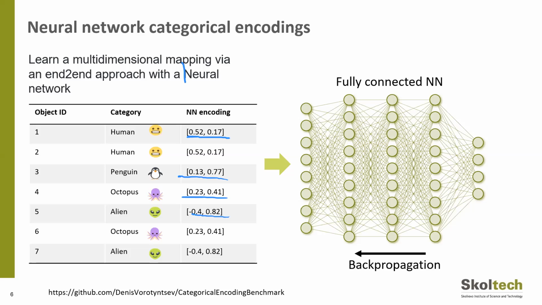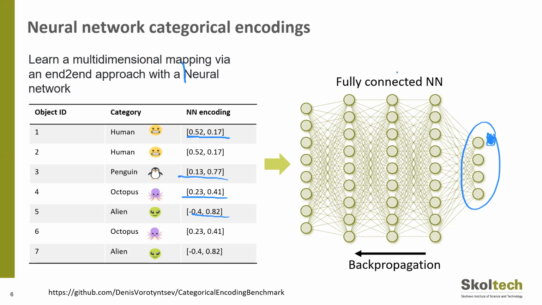If we concatenate this encoding of categorical features with usual features like age or gender or education, and put all of them as input to our fully connected neural network, then we can use backpropagation to calculate the derivatives of the loss function in the end, where you compare the output of the neural network to the true value.